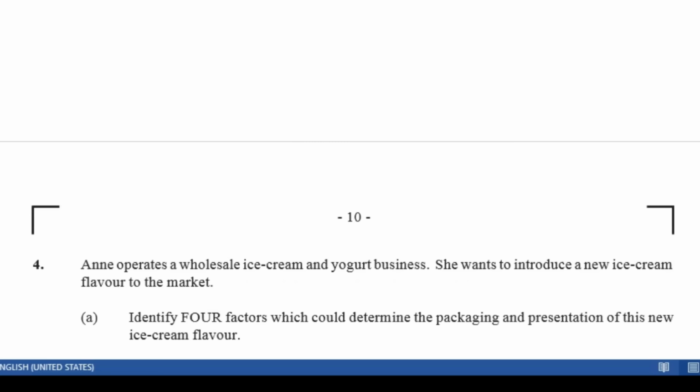Think about it. The packaging now is what the ice cream will come in. Right. And the presentation, basically how it's going to look. So what are some of the factors that should be considered when determining the type of packaging and presentation of the new ice cream flavor?